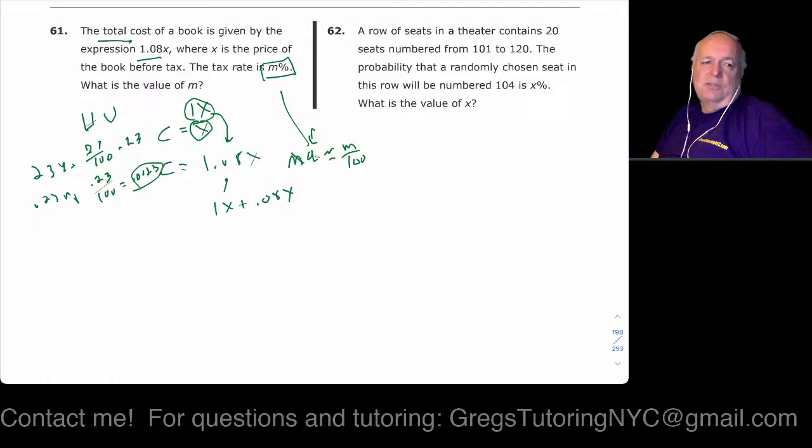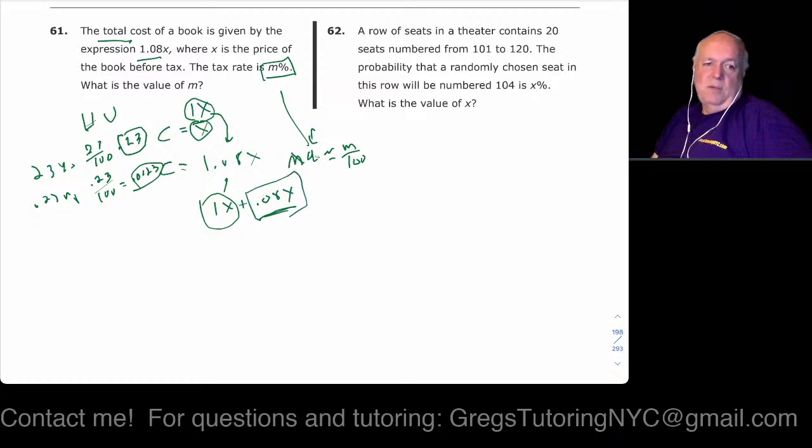So I think that's really where they're going here. They don't want you to say 0.023 versus whatever. So some students are going to say 108%. Some are going to say 8%. Some might even say 1%. I don't know. But if we look at what's going on here, it's being increased. It's the original price, that's the price of the book, 1x, plus the price of the book including the tax.